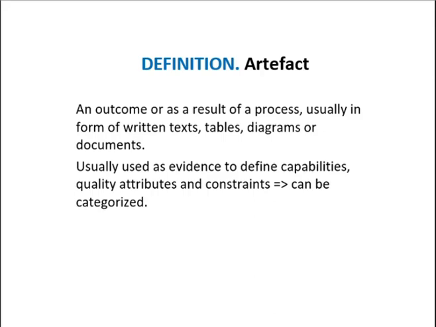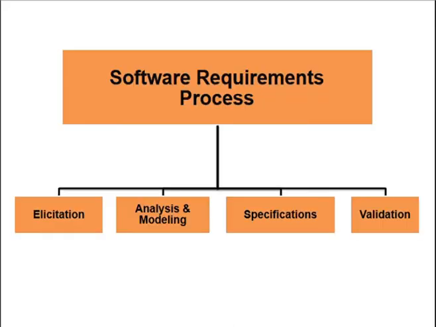They are usually used as evidence to define capabilities, quality, and constraints. These are the major requirements types. If you still remember last week, we have done that. So all these artifacts will contribute to the collection of requirements that we have. So it's very important to do something to get those artifacts.